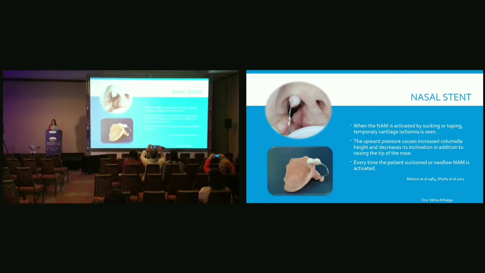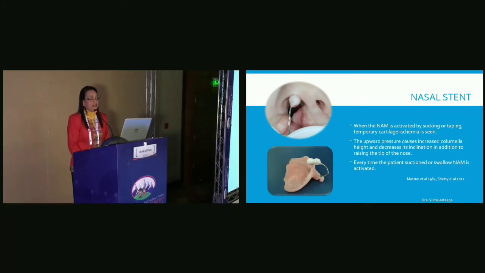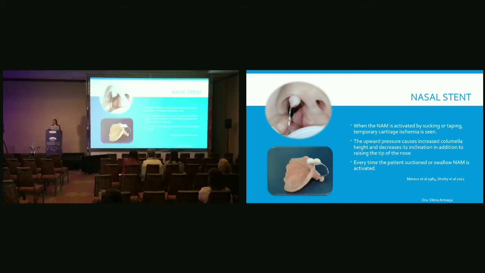When the NAM is activated by soaking and taping, temporary cartilage ischemia is seen. It's very important to underline that it's temporary. If it's not temporary, you're going to cause damage to the soft tissue, which is not good for the surgery.